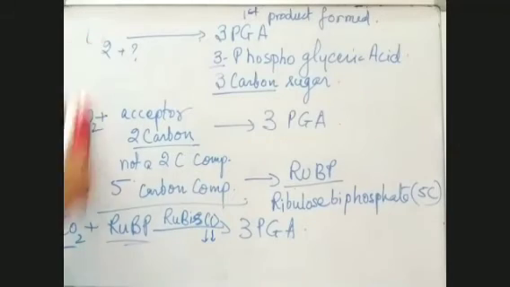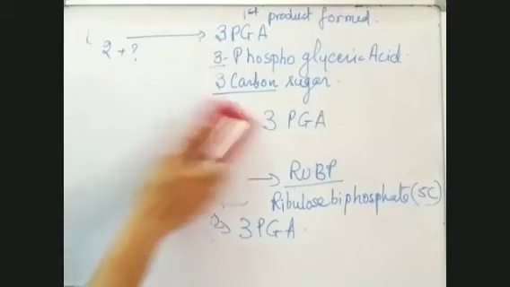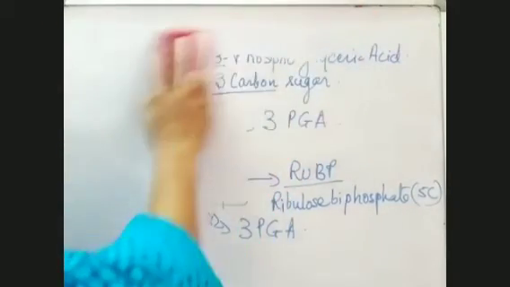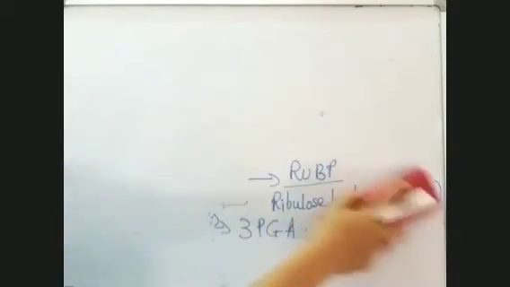Now, I start with the Calvin cycle, how the Calvin cycle was accomplished. There were 3 major steps to accomplish the Calvin cycle.